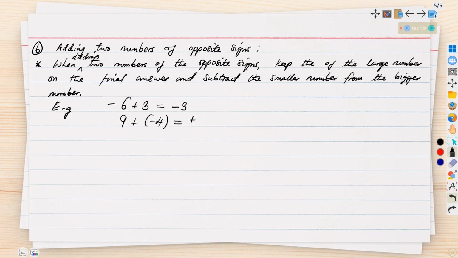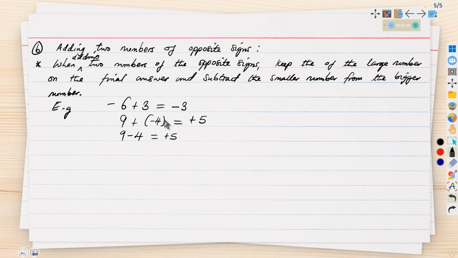You just say 9 minus 4, which will be 5. But this one is obvious. You can even say positive negative, then it will be negative there. So it will be 9 minus 4, which is still positive 5. I hope you are getting these concepts. So this is what you should know here.